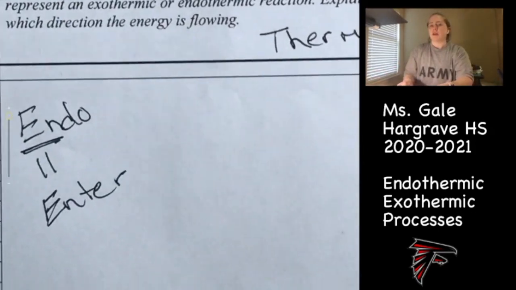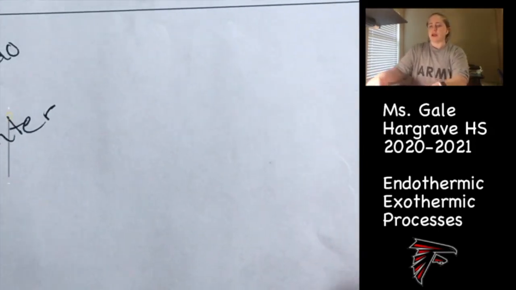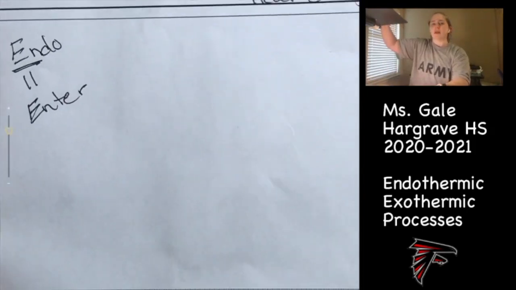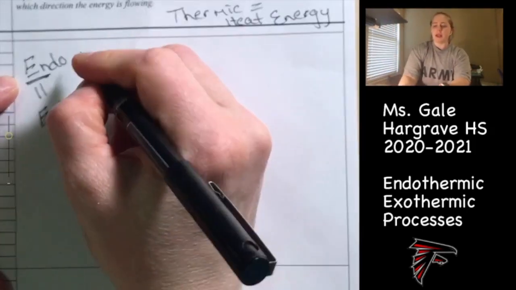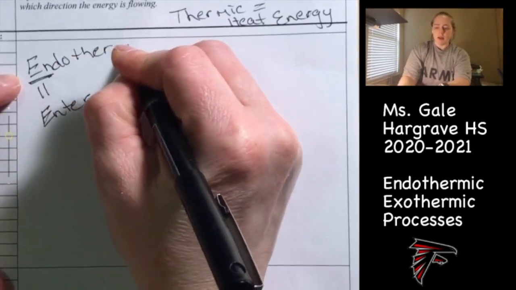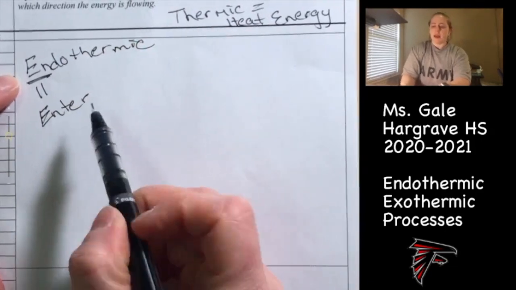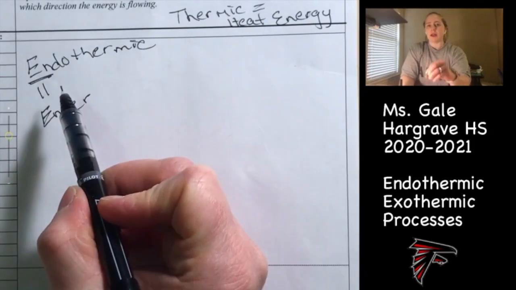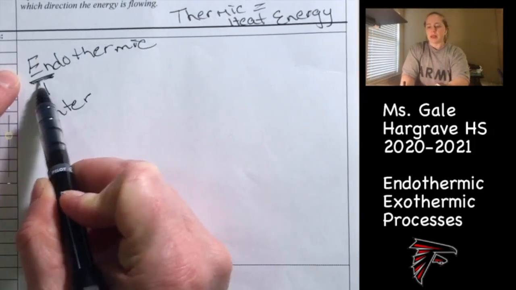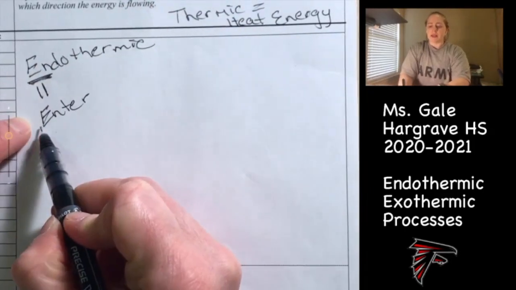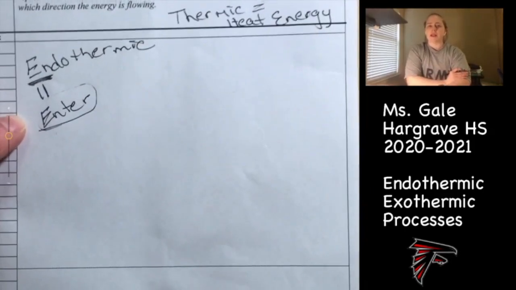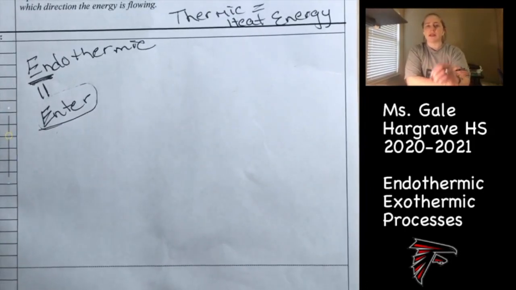So now let's go to the notes that we did last week. I started at the top of my paper defining endothermic. If you can see here, I have endothermic. Looking at the beginning of the word, endo starts with en. We can symbolize endo as enter, because enter starts with the same two letters.